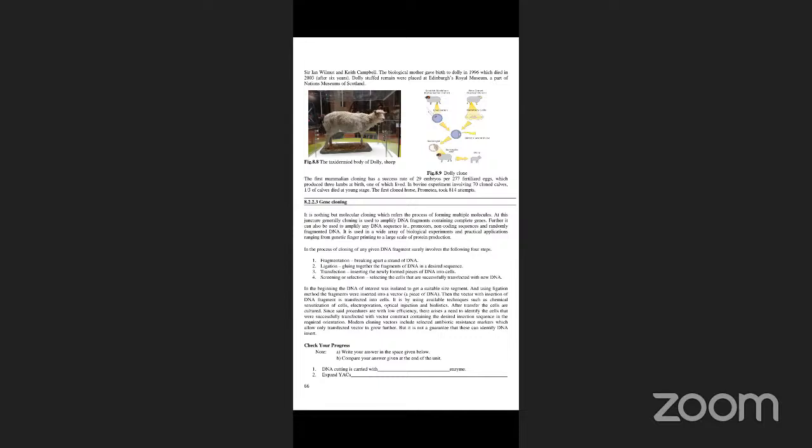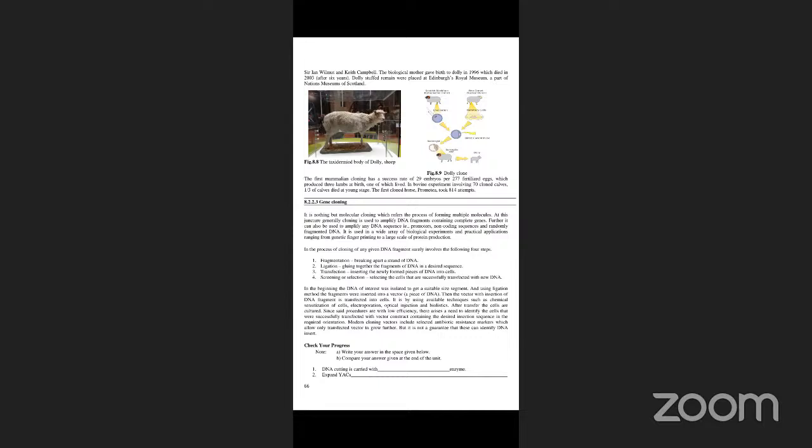Here, gene cloning is nothing but a process of joining fragments of genes. We first have to sequence, then amplify, then insert, and we can use this for biological experimentation and practical applications.